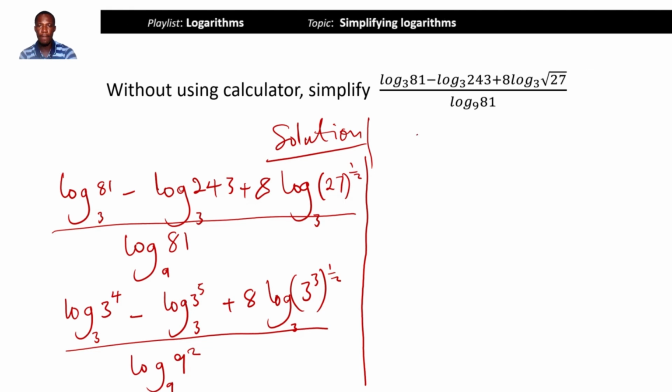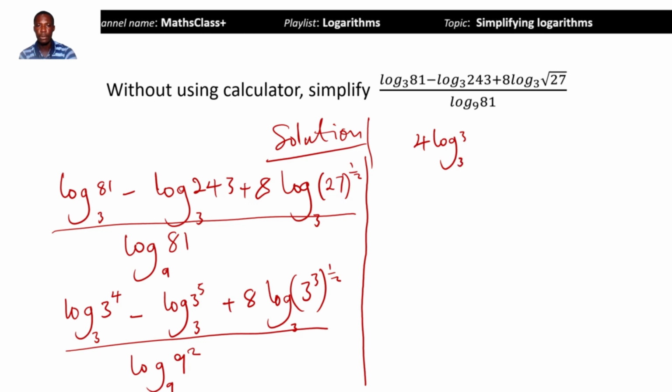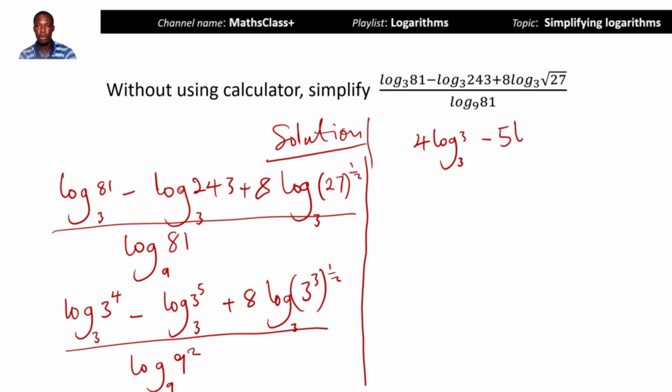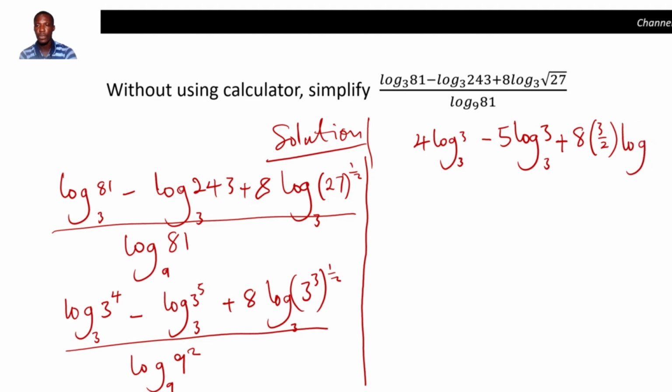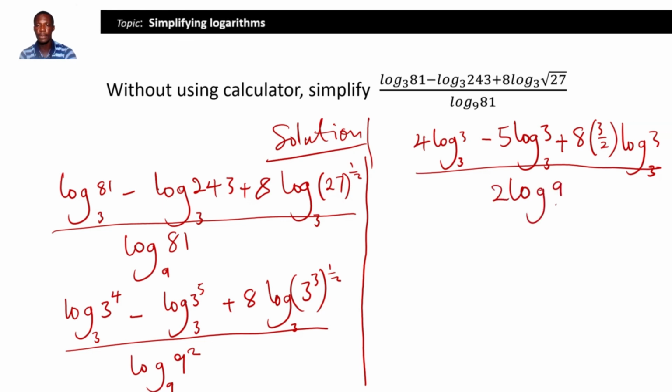So we have log 3 to the base 3 minus 5 log 3 to the base 3 plus 8 multiplying 3 over 2 log 3 to the base 3, with the denominator as 2 log 9 to the base 9.